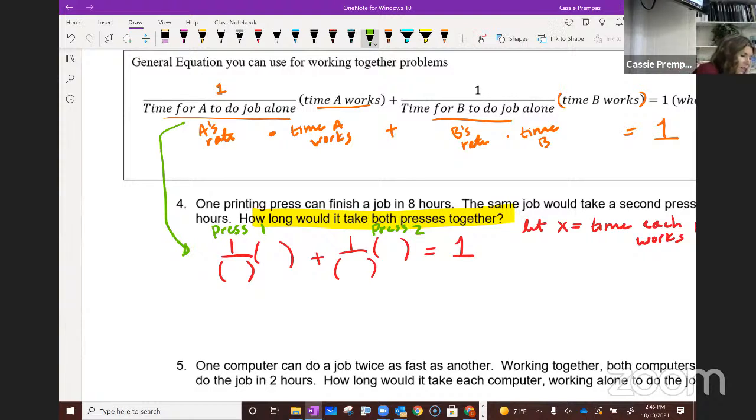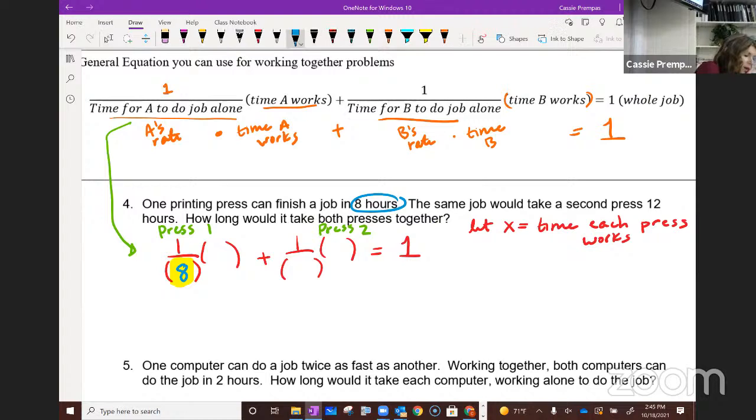How long does it take press 1 to do the job by himself? 8 hours. So I'm going to do 8 right here because it takes him 8 hours. How long does it take press 2 to do the job by himself? 12 hours. So I'm going to put 12 right here.